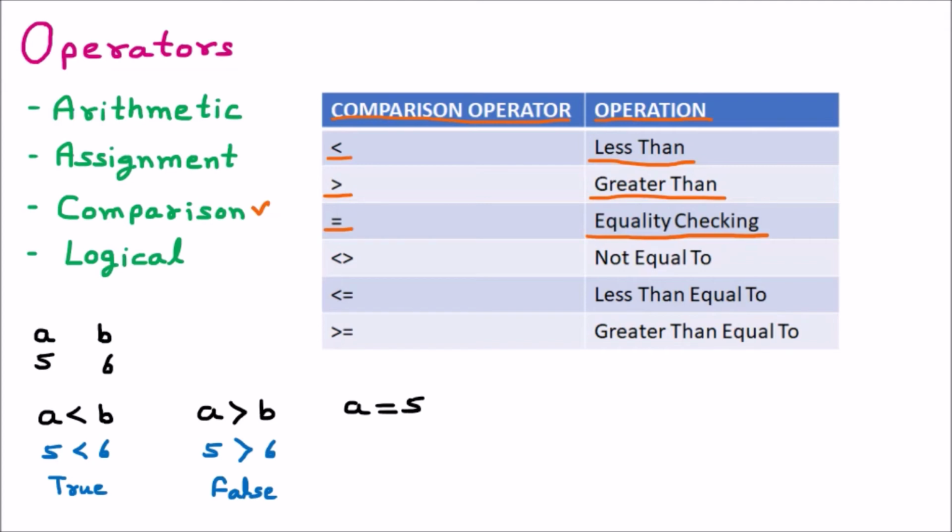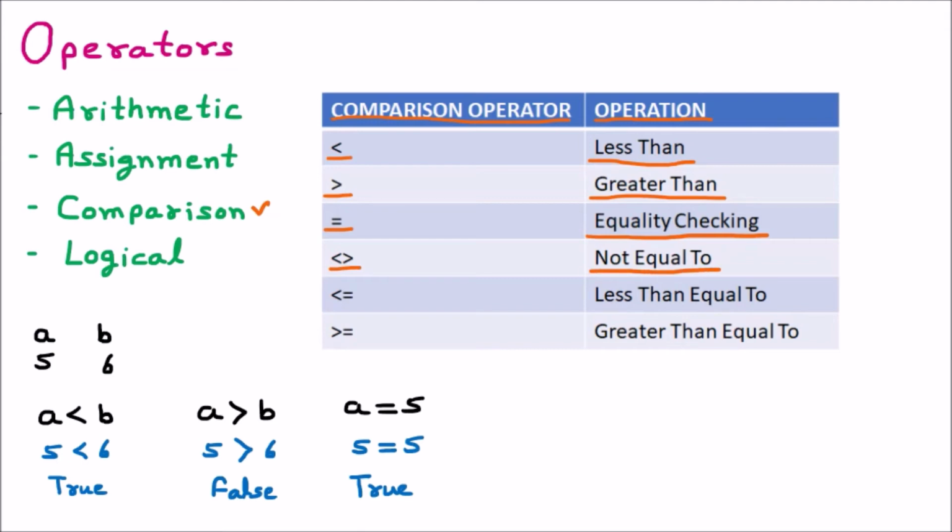If I am writing this into an if else or a switch or some condition, then automatically it becomes the comparison operator. So here the value of A is 5, now equal to 5. Now it is comparing: are these two equal? Yes, these two are equal.